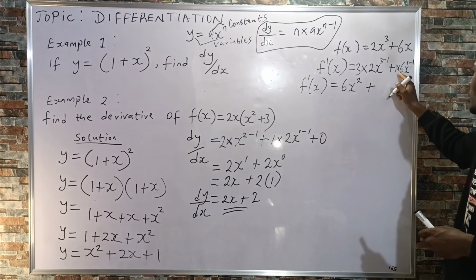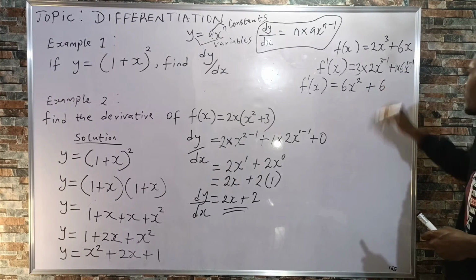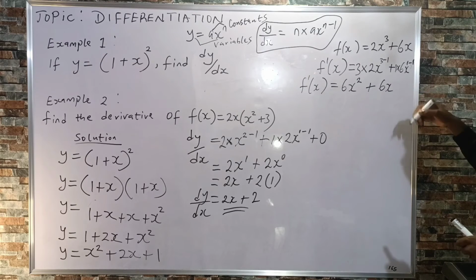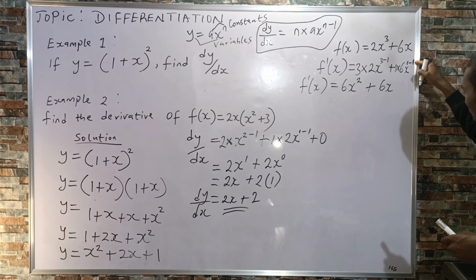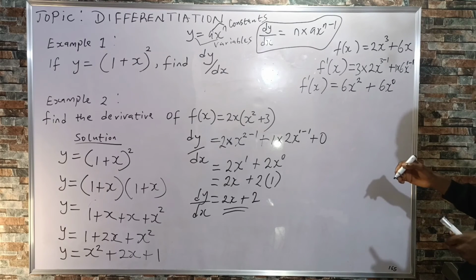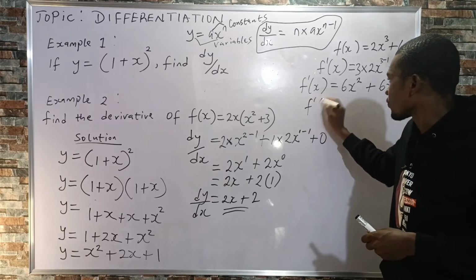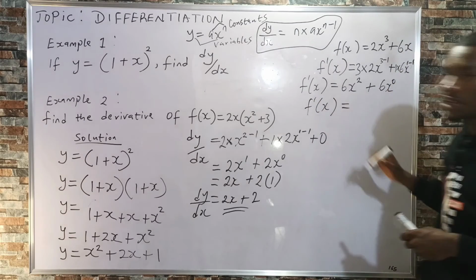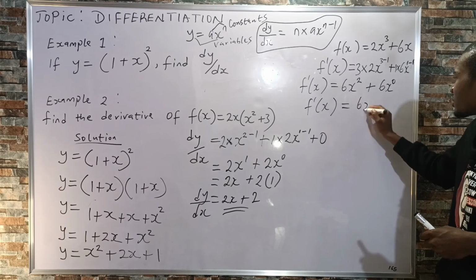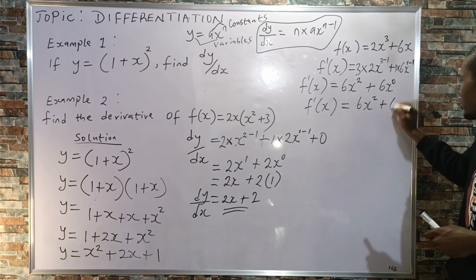Then plus 1 multiplied by 6 will still give us 6x raised to the power of 1 minus 1 will give us 0. Okay? So f prime of x is then equal to, we have 6x squared plus 6 in bracket.